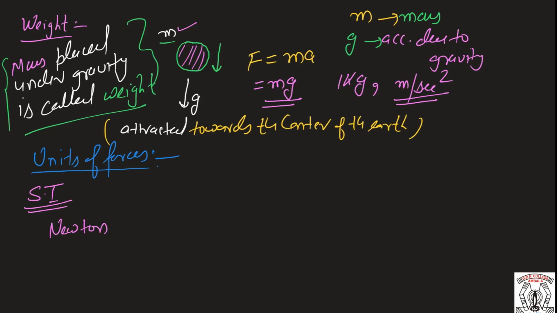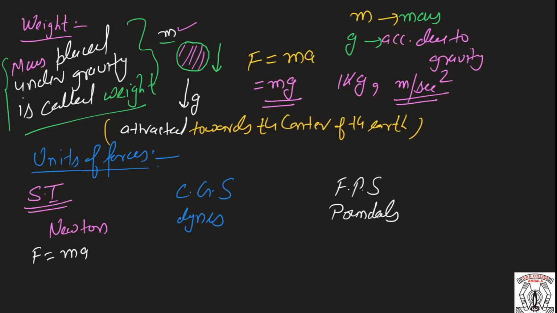In CGS, its unit is dyne, and in FPS, its unit is poundal. So, we know F is equal to ma. So, how will you define 1 Newton force?